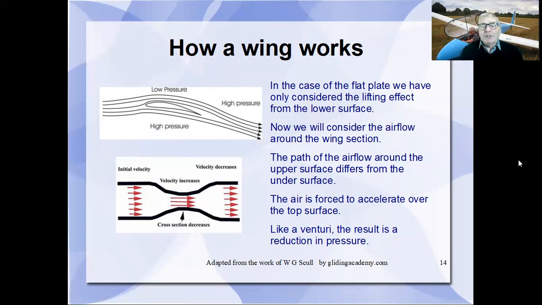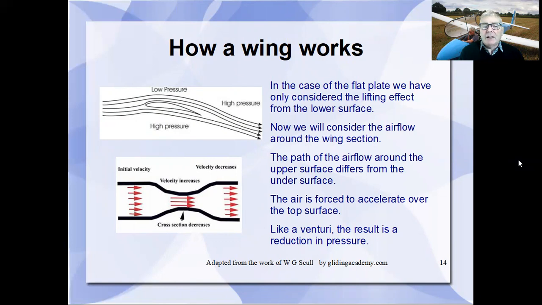And for it to get through, it needs to accelerate. And it's this acceleration which is the important factor. So the air moves in, accelerates as it goes past the restriction and comes out the other side. And this venturi effect has the effect of reducing the pressure in that tube. And the same thing happens with a wing.